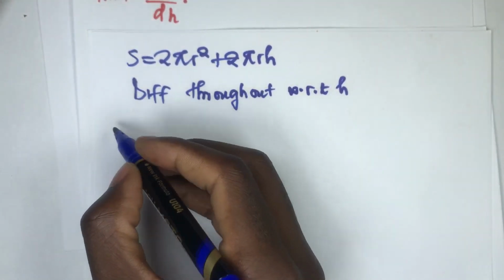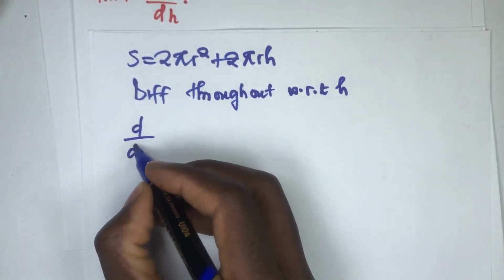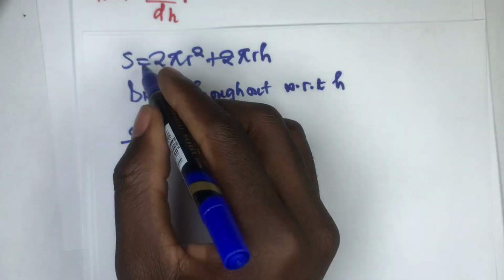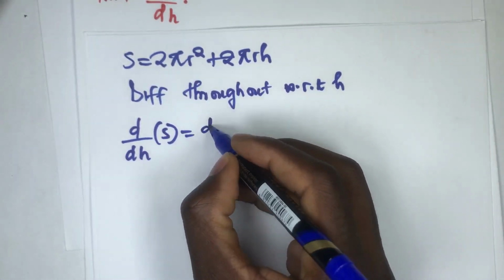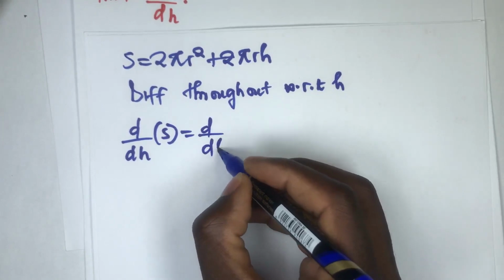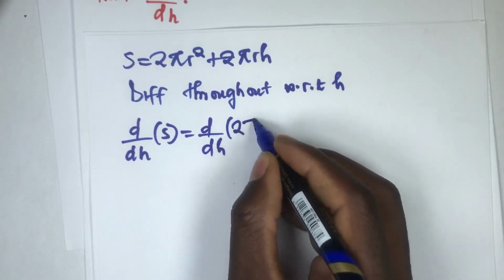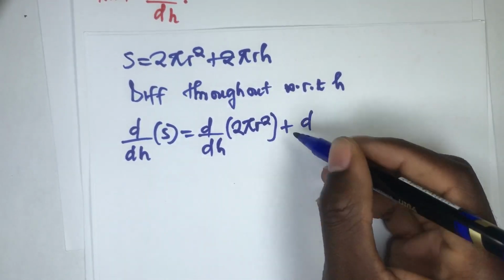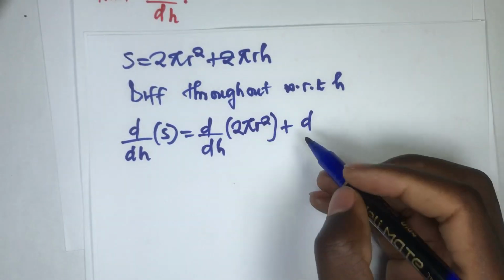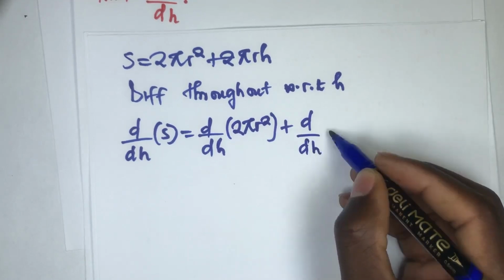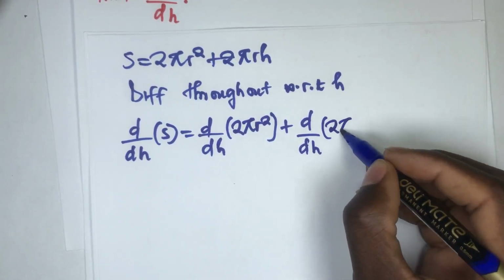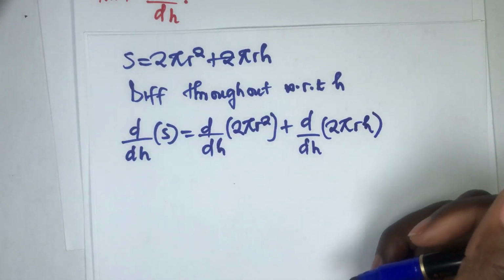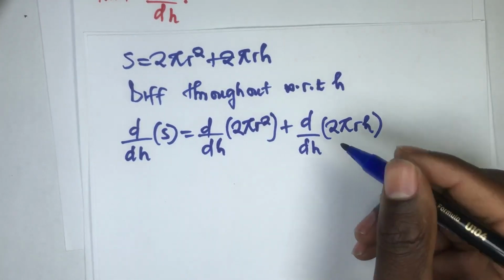So we have d/dh of S equal to, we also differentiate this term with respect to h, d/dh of 2 pi r squared, plus d/dh of 2 pi r h. Then we can start performing our differentiation.